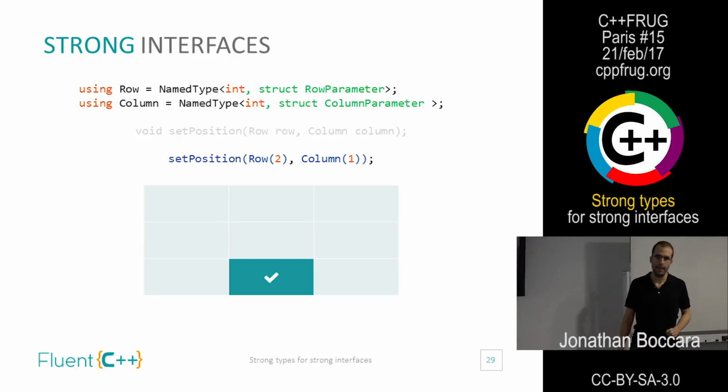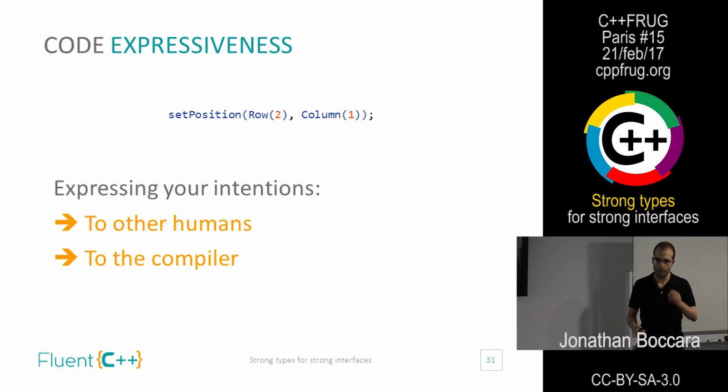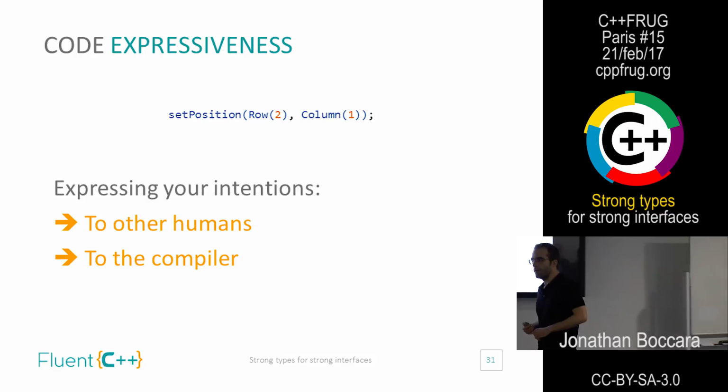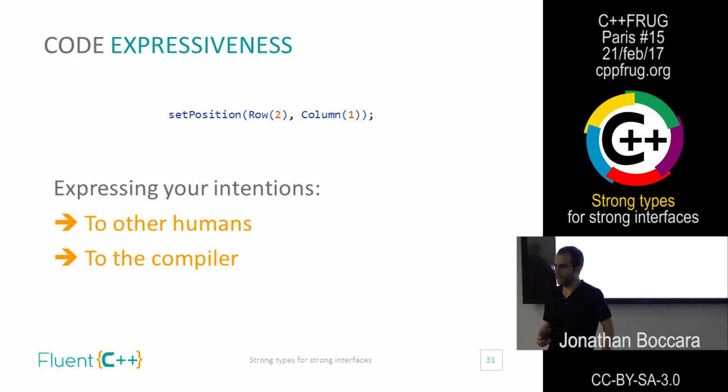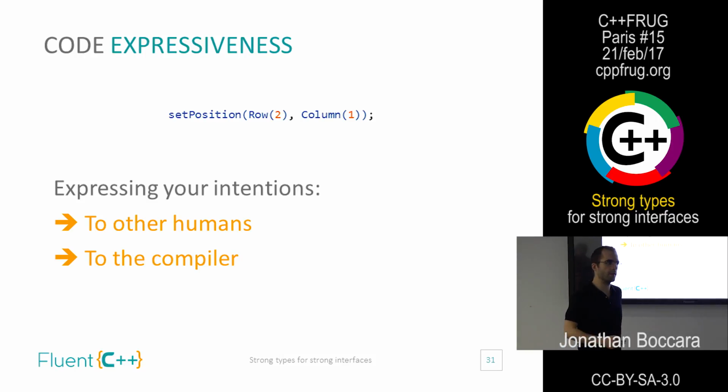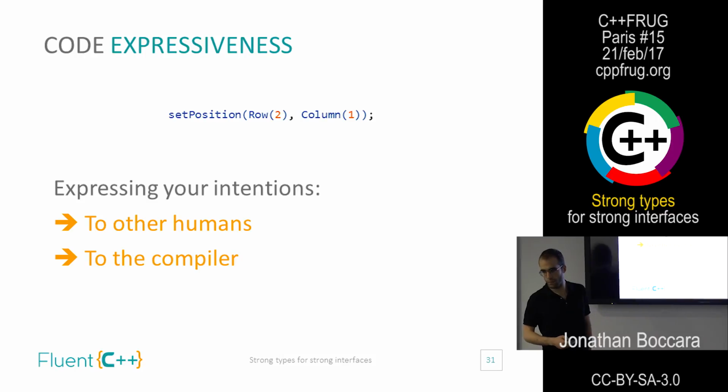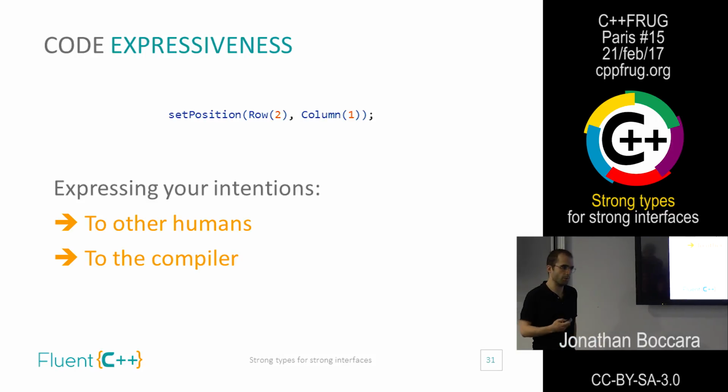Talking about the compiler, strong types are something that's quite important in the topic of expressiveness. It's about expressing our intention in code for two kinds of persons. The first one is other developers, humans, co-workers that will read that code and that know which one's the row, which one's the column.